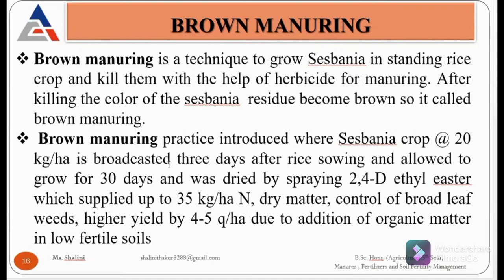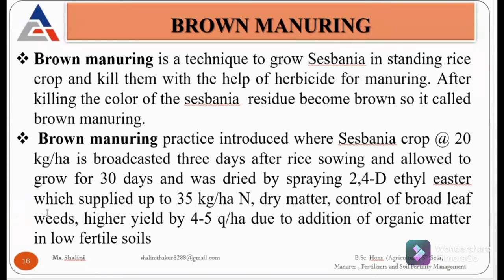It contains 35 kg per hectare nitrogen and also dry matter, and some broadleaf weeds are also controlled by spraying 2,4-D ethyl ester. The yield also becomes higher, about 4 to 5 quintal per hectare, because it acts as organic matter.